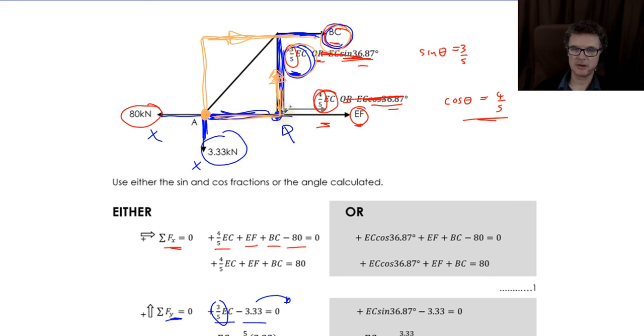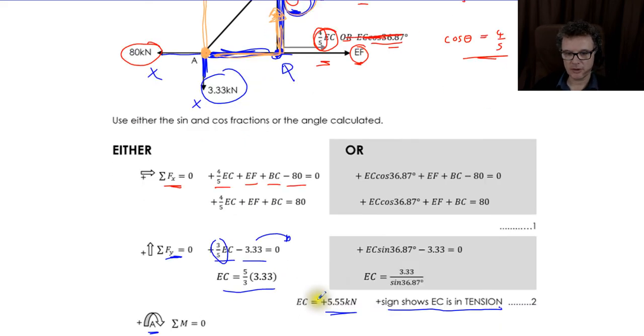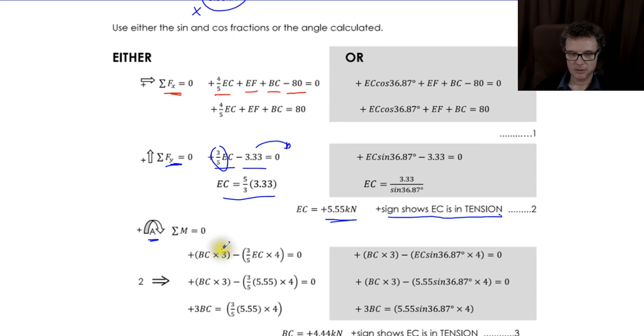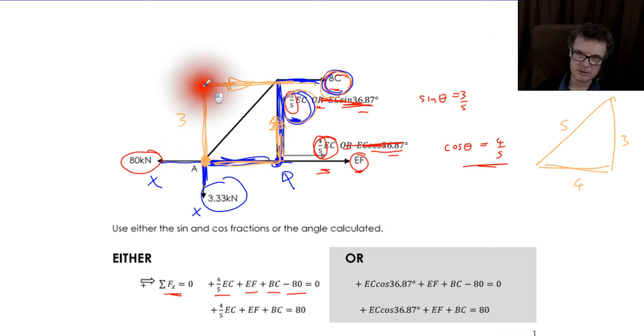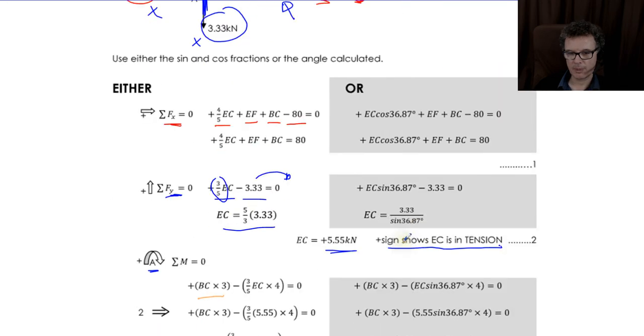Okay, so that's what we've got in the book. So we've got BC times 3. Is that right? You need to go back to your triangle: it is 4 along the bottom, 3 along the vertical, and 5 along the hypotenuse. So we've got a distance of 3 times BC. Yes, so we've got BC times 3.